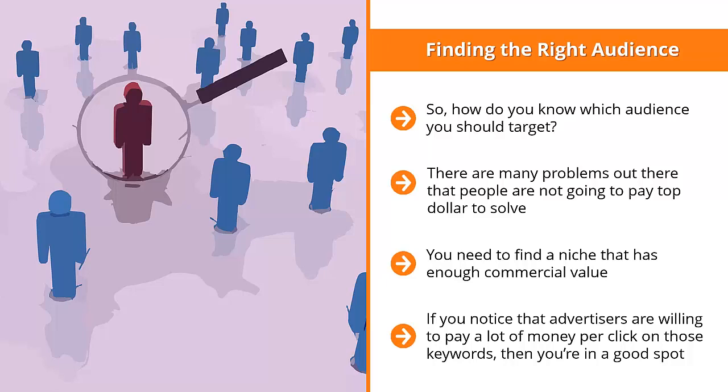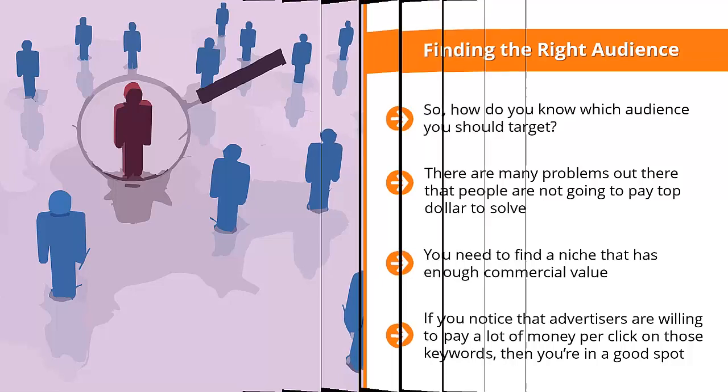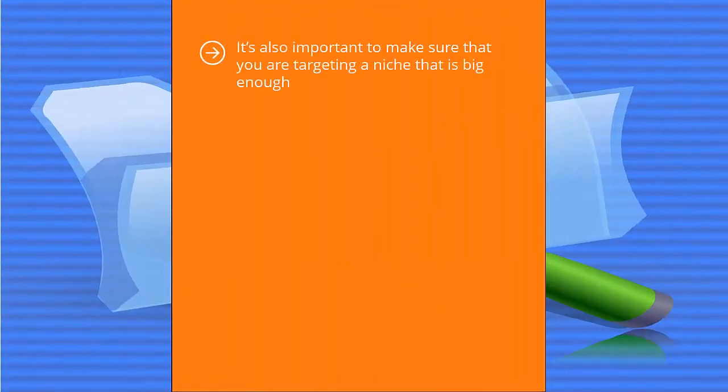People are willing to pay a significant amount of money to solve problems related to your niche. It's also important to make sure that you are targeting a niche that is big enough. Sure, there are lots of advertisers willing to pay a tremendous amount of money for structured settlement keyword traffic. We're talking about more than $20 per click. The problem is, the volume of searches for that niche is actually quite low.